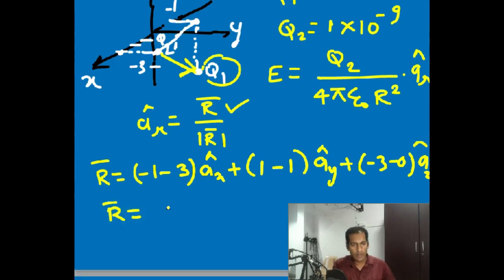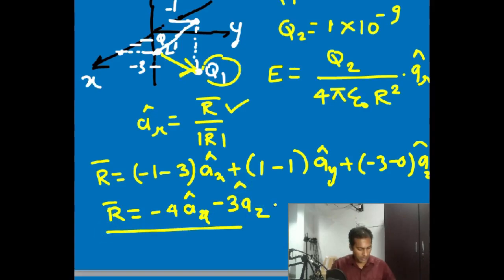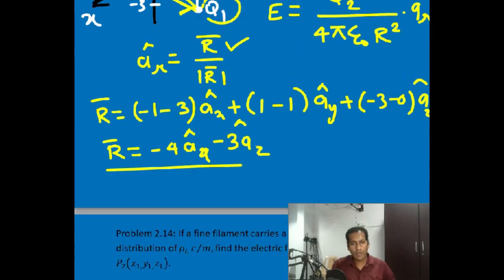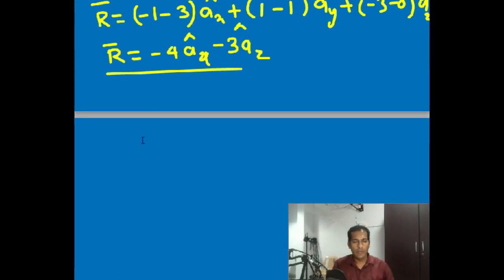So from here R bar will be equal to -4 ax cap minus 3 az cap. So this is R bar. From here we can calculate the mod of R bar. Mod of R bar will be nothing but the square root of the squares of all three direction components.